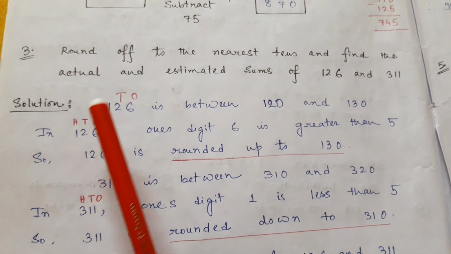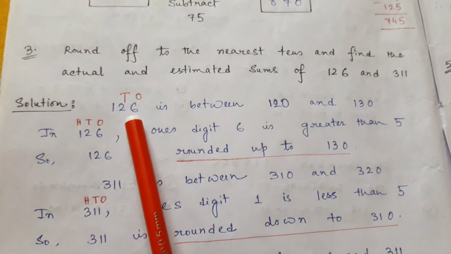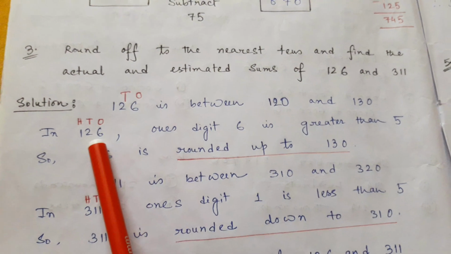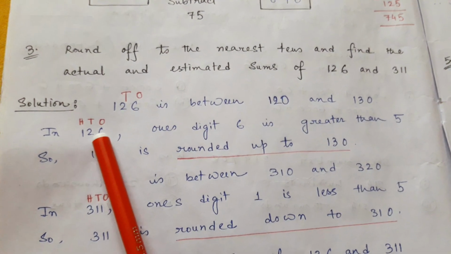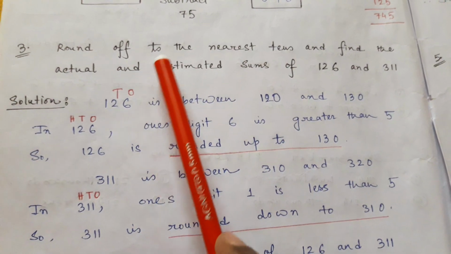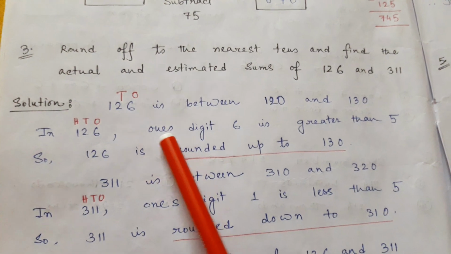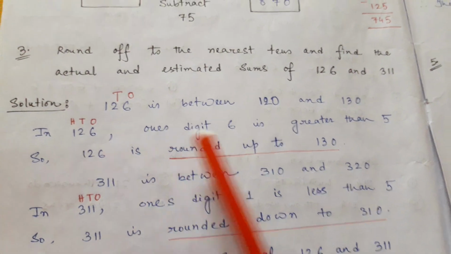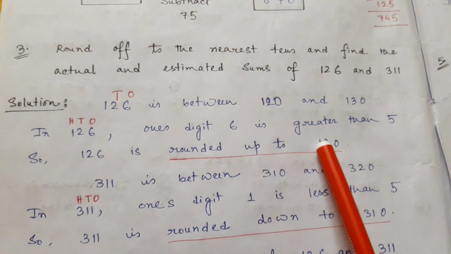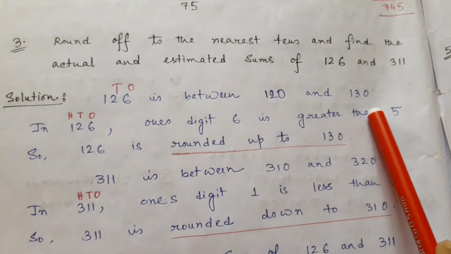Okay, and when we are rounding off a number to the nearest tens place, you have to look at the ones place. So in this case, just look at the ones place, the ones digit is 6. Now if the digit is greater than 5, then the number will be rounded off to its right hand side number.